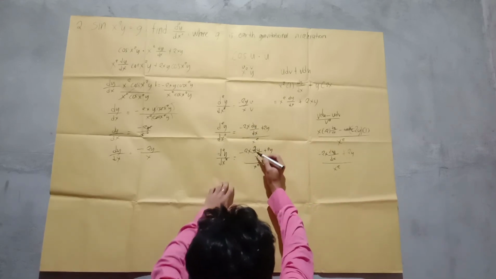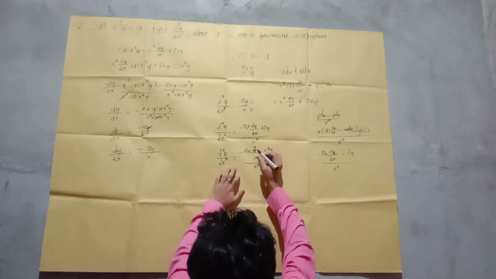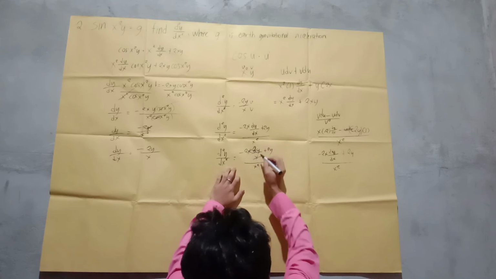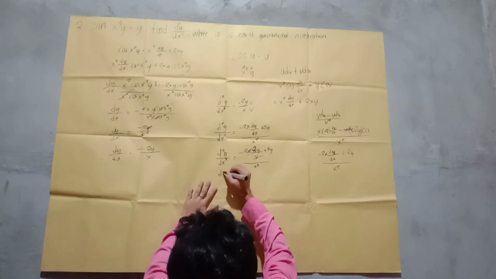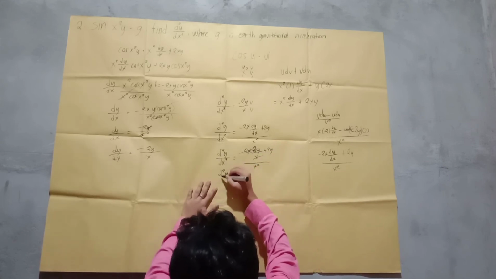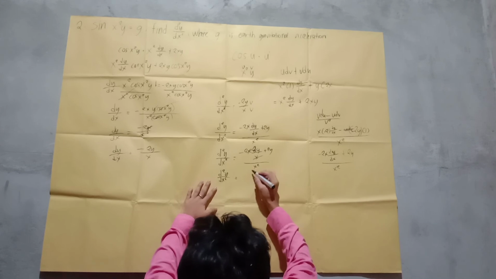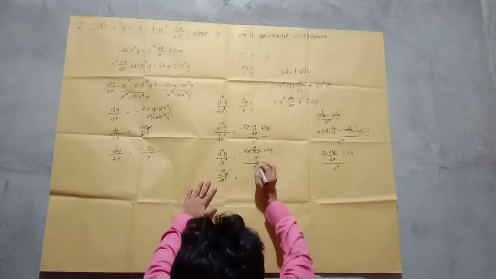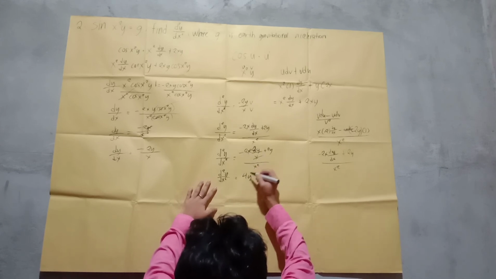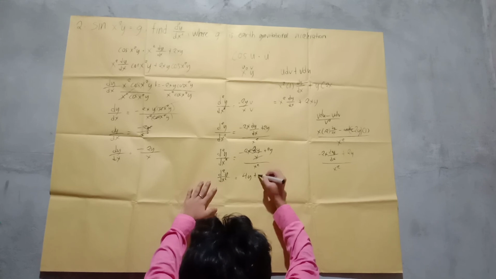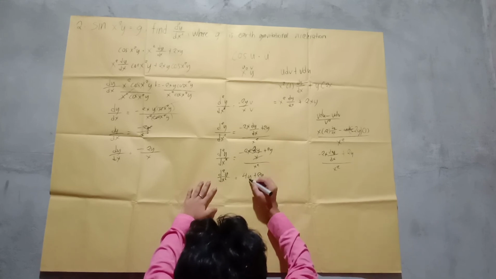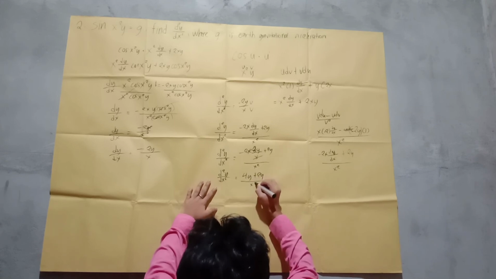In this case, we cancel the same variable, and it will become the second derivative of y with respect to x: negative 2 times negative 2 will be 4y, plus 2y over x squared.